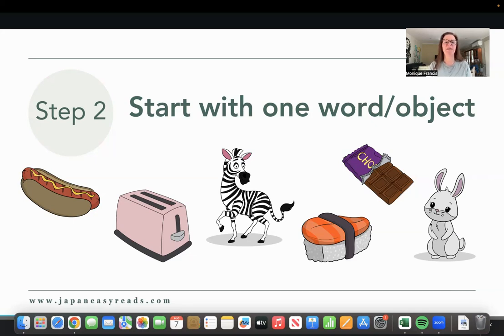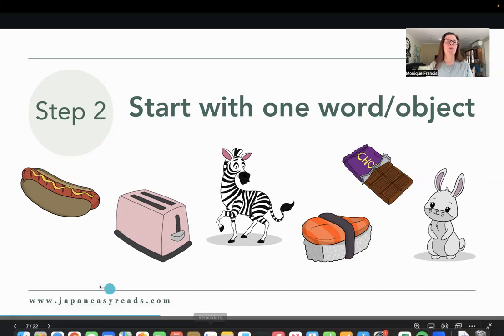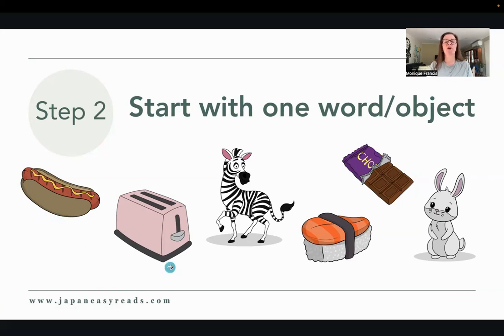That's already been created. So we're creating something brand new. So it could be a hot dog, could be a toaster, any of these things, or anything else. The options are really up to the creativity of your class.